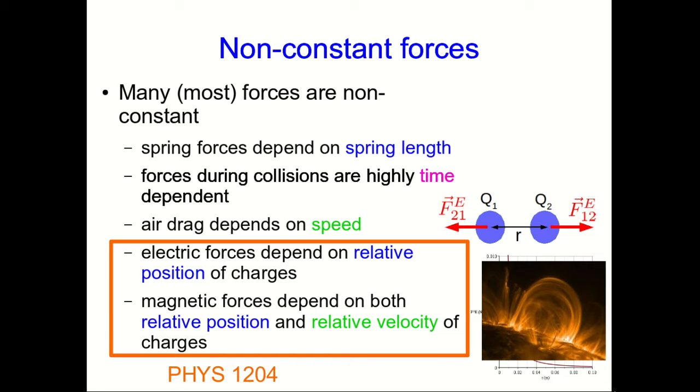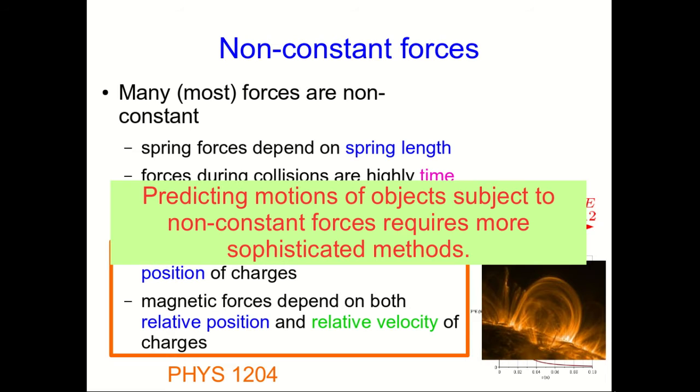But we'll see all of that in Phys 1204. The point is that predicting motions of objects when the forces on them are non-constant requires more sophisticated methods. We saw some of that in Unit 3, where we learned to integrate acceleration versus time functions. But as you may appreciate, that's rather laborious, and it would be nice to have some easier ways.